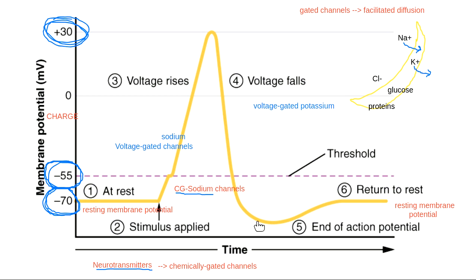At this point, to help me get back to normal, I use a couple of different things. Let me draw a little arrow for us here. A couple of different things help us get back to normal. One of those is that primary active transport example that we did, the sodium potassium pump. That's one of the ways I get back to normal.